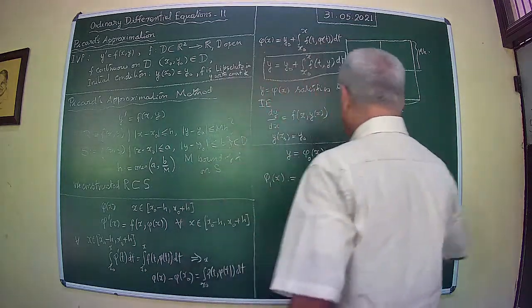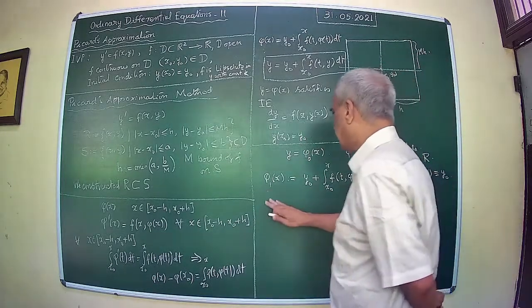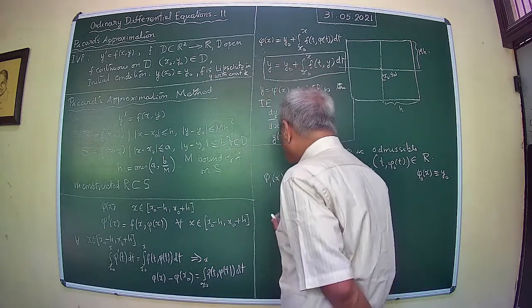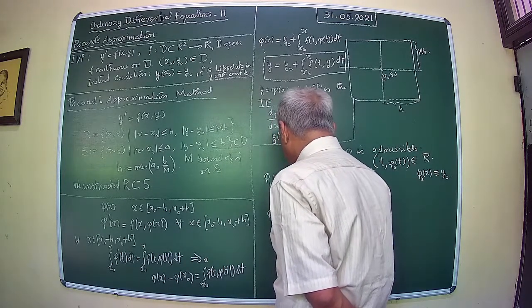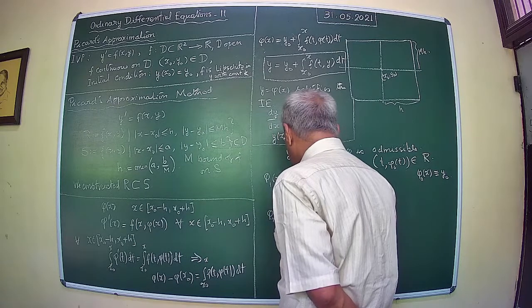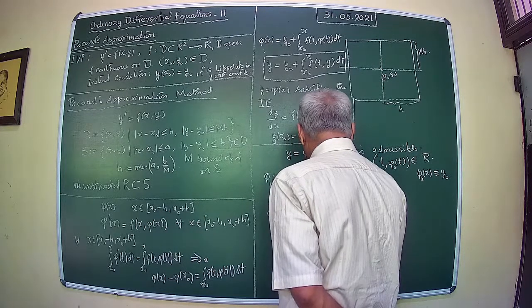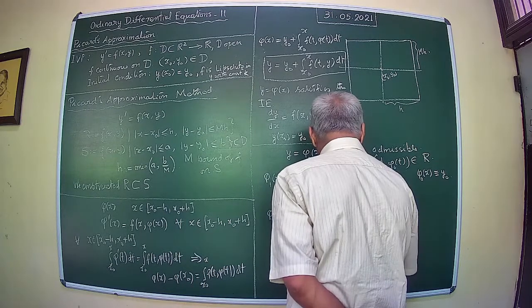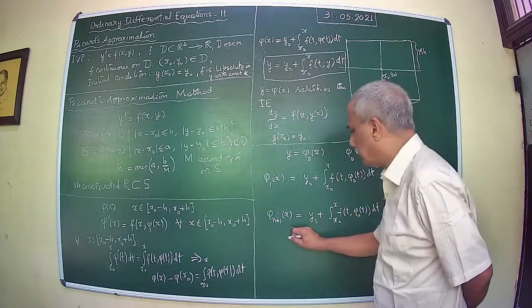That works. So you can go ahead to construct phi 1. Having constructed, you can go to construct phi 2 and so on. And suppose you have constructed phi n, then you can construct phi n plus 1. So you continue the process.